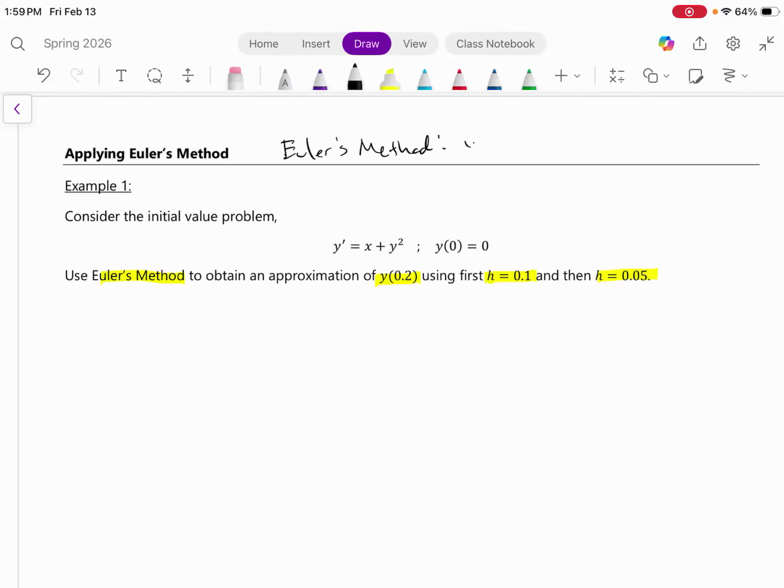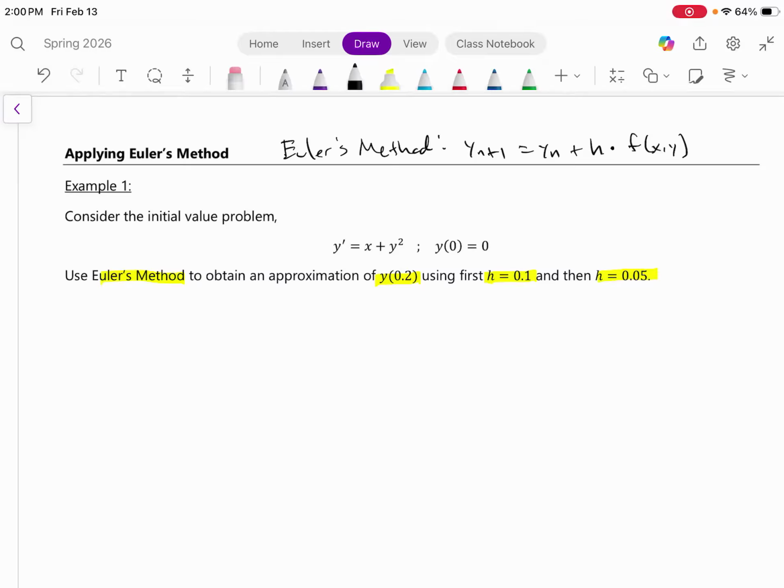It is y sub n plus 1 equals the current y sub n plus h, our step size, times our function of x and y. So that's the method we're going to use to obtain an approximation.